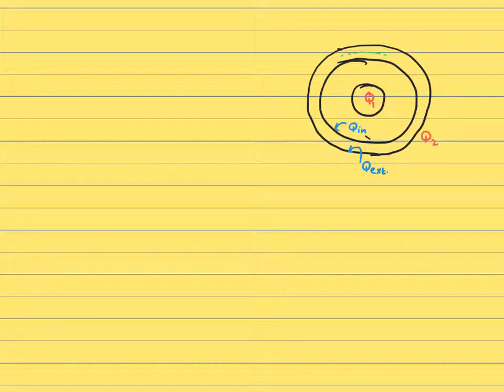So now we are looking at the front side of the shell and the rod, and I am drawing a Gaussian surface inside the conducting shell. As we know, inside a conducting shell the electric field is 0, inside the conductor.